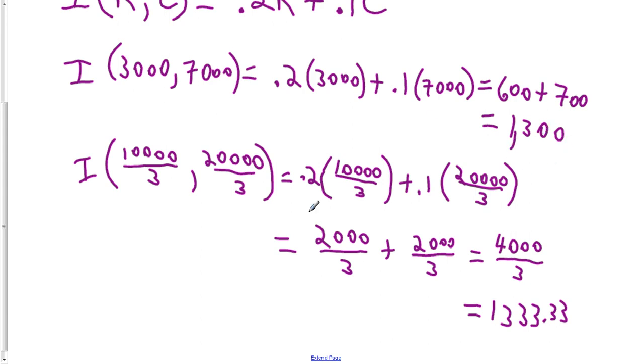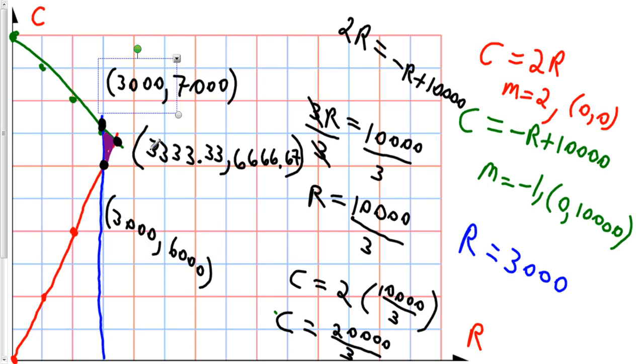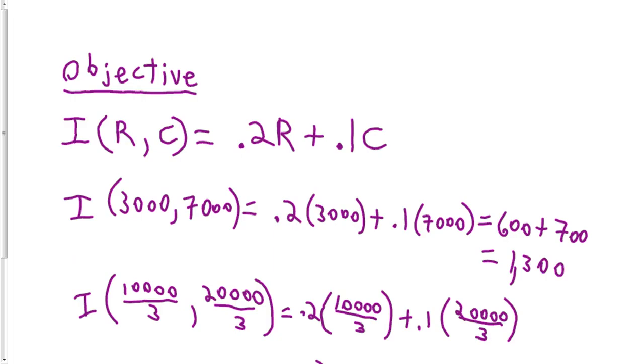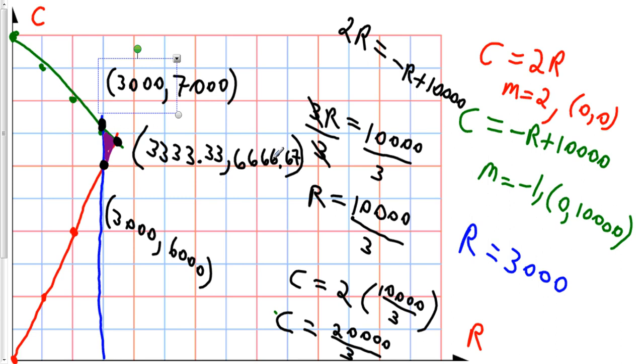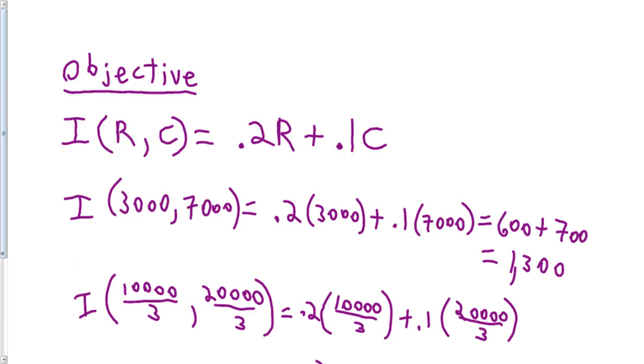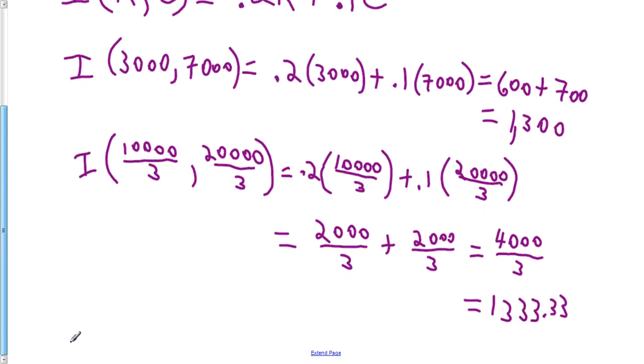So if I invest 3,000 into the risky and 7,000 into the conservative, I'll make $1,300 in interest. But if I invest this number, $3,333.33 into the risky and $6,666.67 into the conservative, I'll actually make $1,333.33, which is $33.33 more than I would make if I did this.